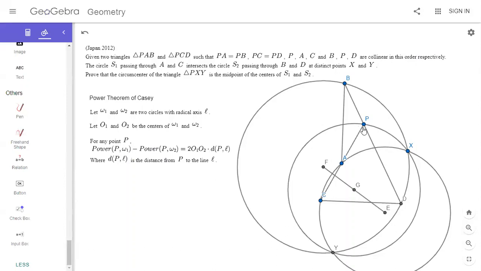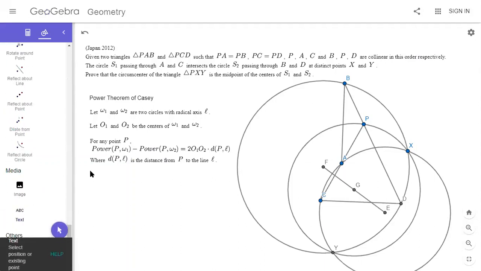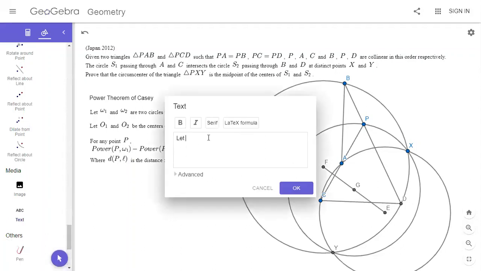But basically, if we use point P in this case, if you look at S1, I'll just give a name to the circumcircle of PXY. I'll just call it P1, the circumcircle of PXY.